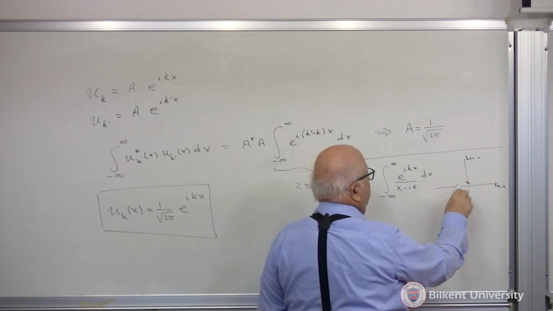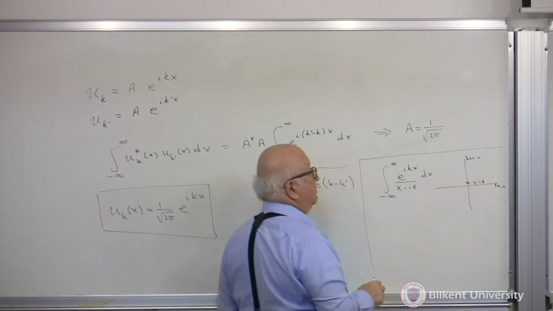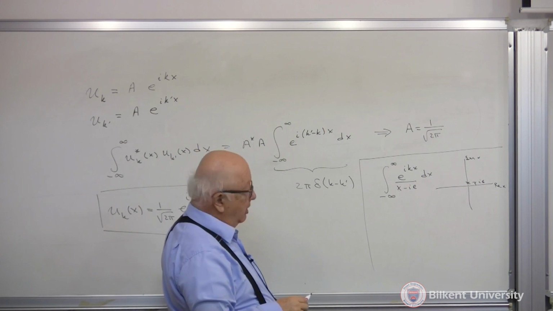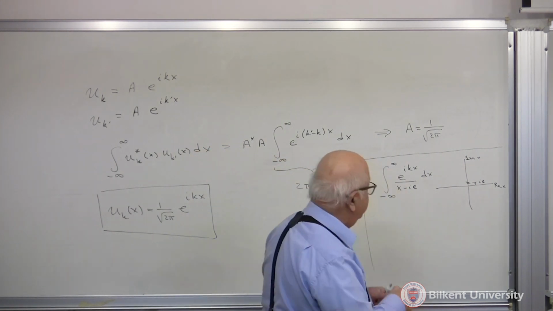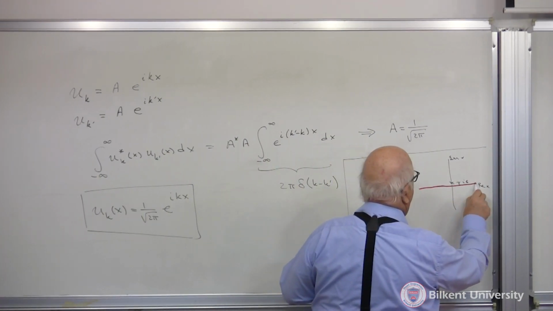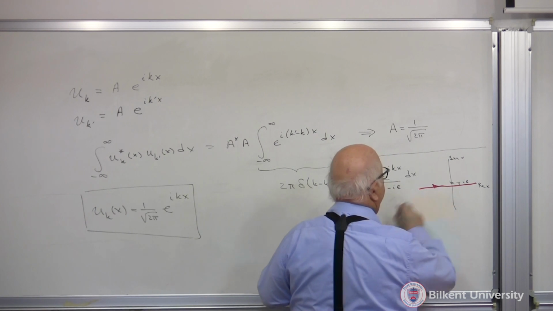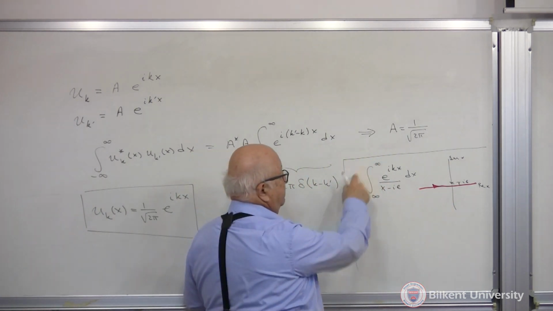And the pole is here at i epsilon near the origin, and you are integrating this, let's put a nice red integral sign, along the real x-axis from minus infinity to plus infinity.